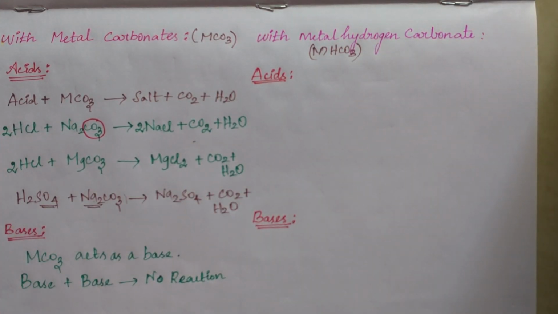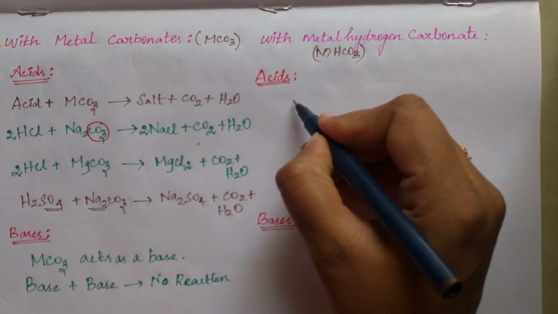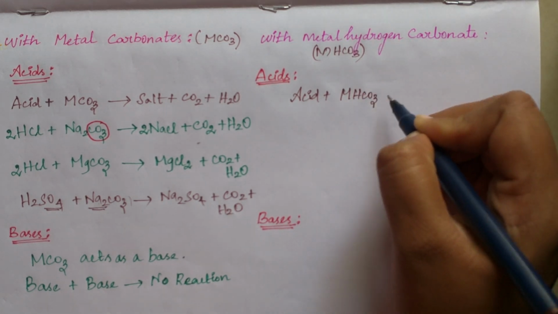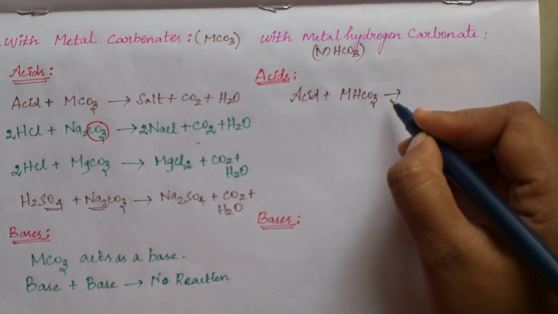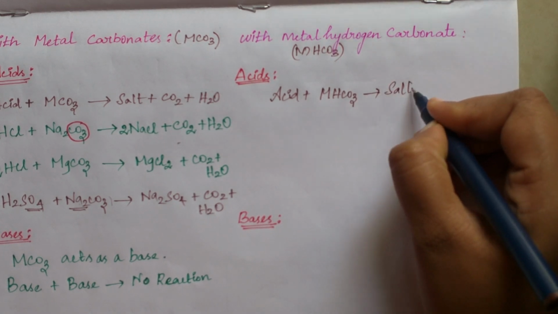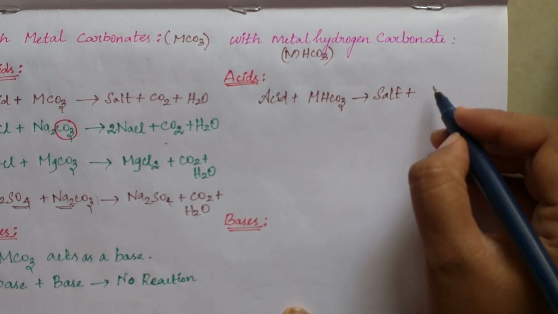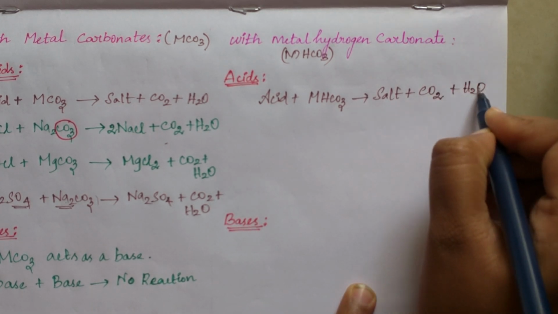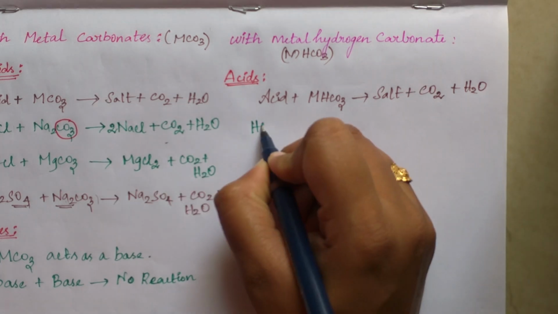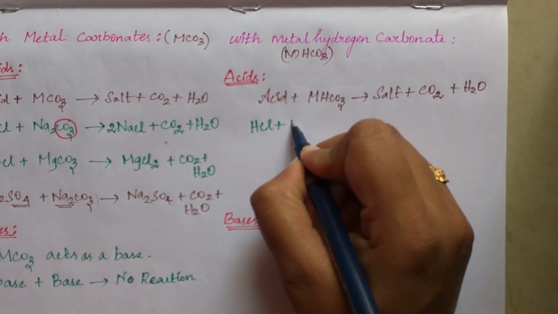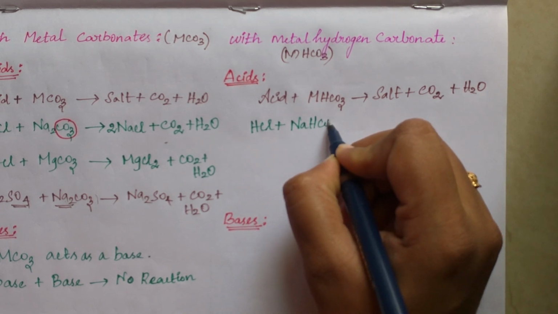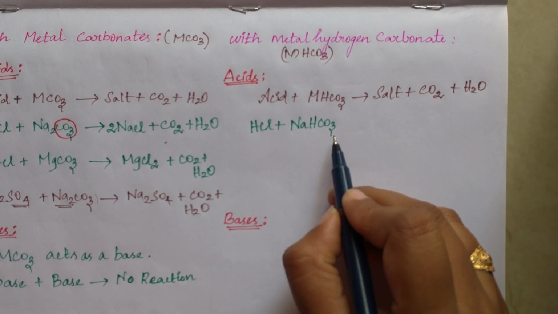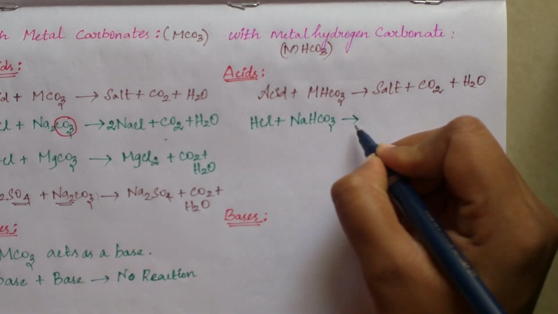See here. Here also the general equation is acid plus metal hydrogen carbonate, MHCO3, gives the same thing: salt plus carbon dioxide plus water. Okay, so HCl plus, with metal meaning sodium, hydrogen and CO3, sodium hydrogen carbonate, that is nothing but baking soda or sodium bicarbonate.